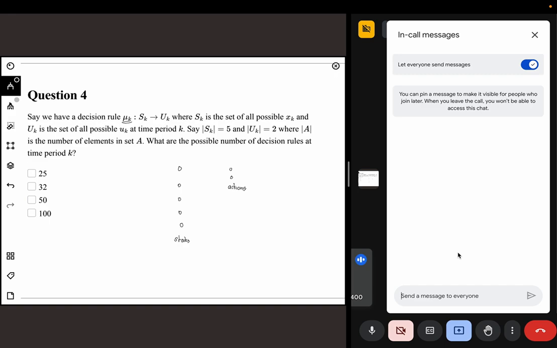So now the question is, how do I find this mu k? Mu k is a function that tells me that if I am in this particular state, I have to choose this particular action. So how many possible combinations will exist?